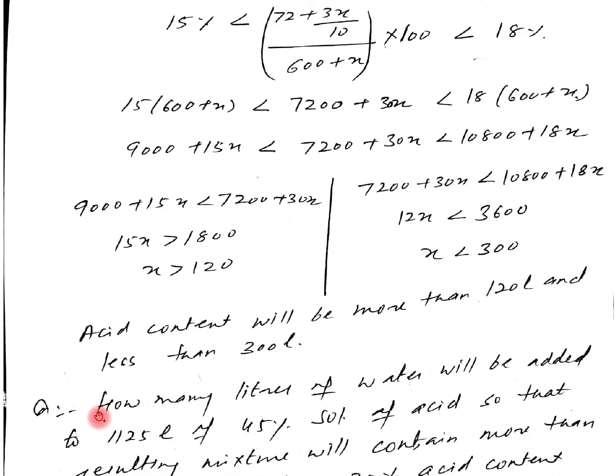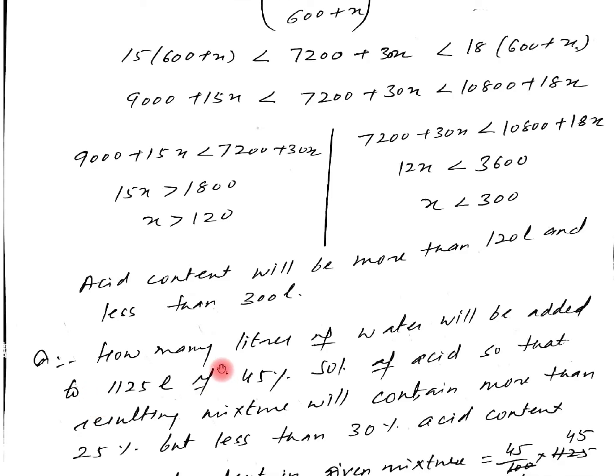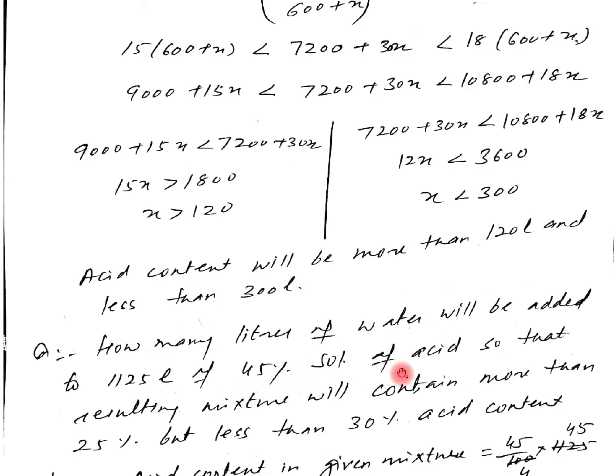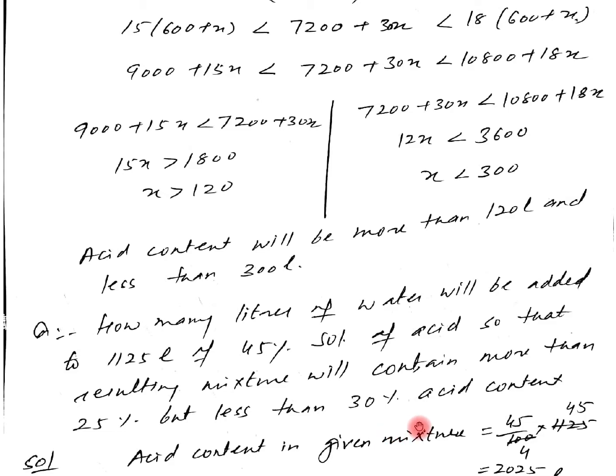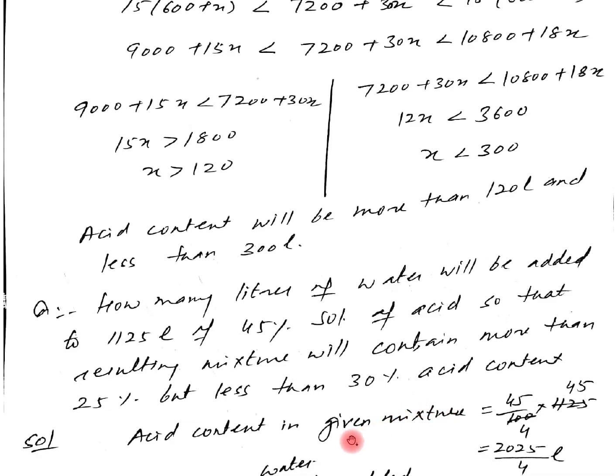Now the similar question is here again. How many liters of water will be added to 1125 liter of 45% solution of acid so that the resulting mixture will contain more than 25% but less than 30% acid content? Now again in the question it is given that in the given mixture we are having 45% solution of acid.